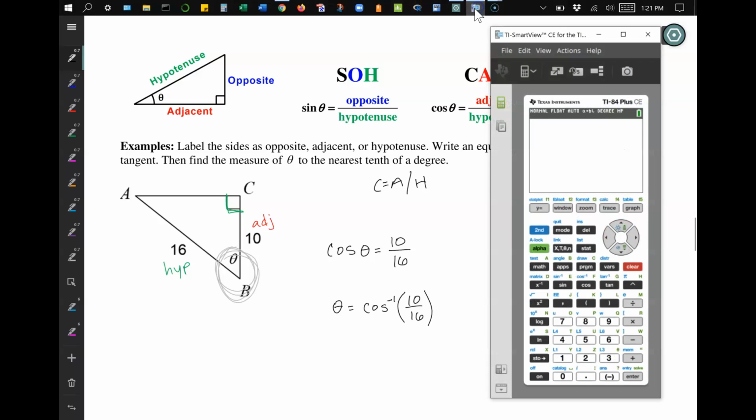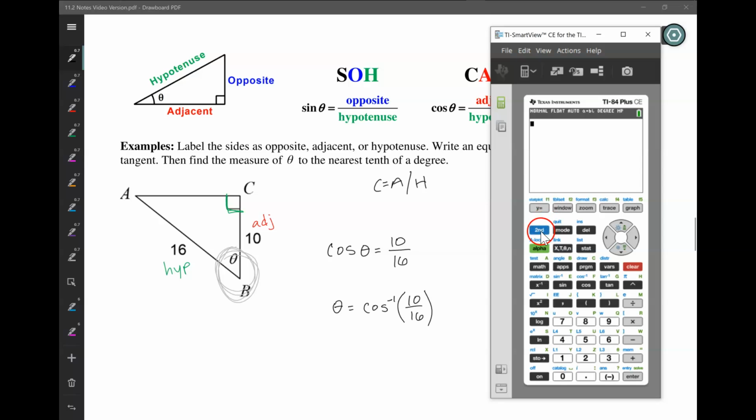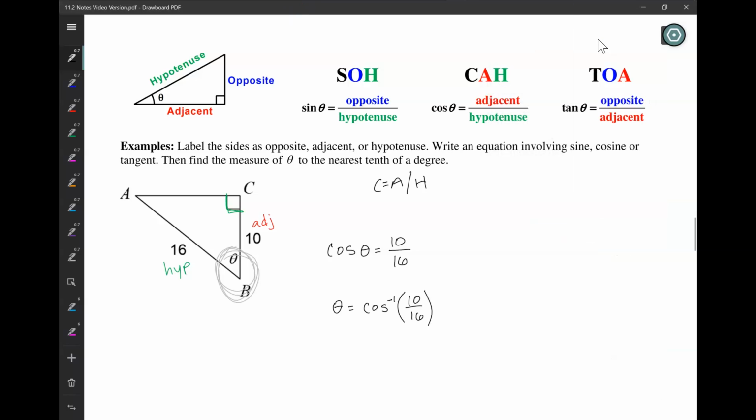On most calculators, you're going to hit the second button and then cosine, and that will bring up inverse cosine, and then 10/16, and then enter. And it tells me, oh, that angle is 51.3 degrees. So you used what you knew about the sides, and you used the cosine, and the calculator was able to tell you how big the angle is.